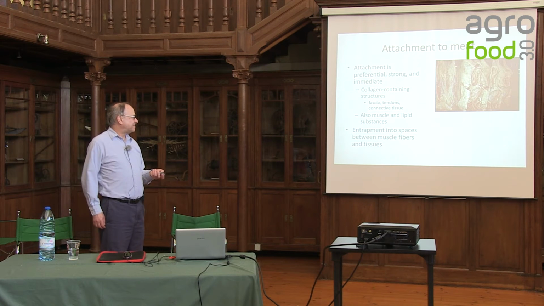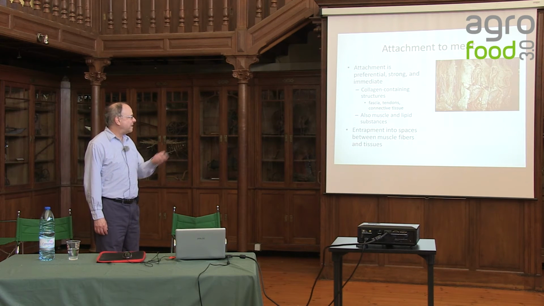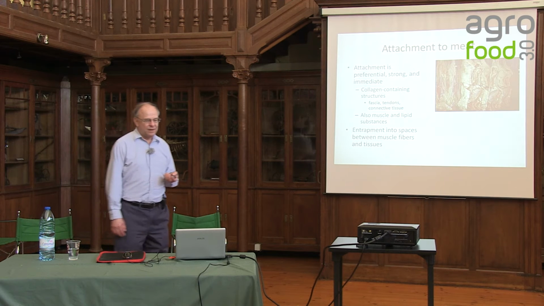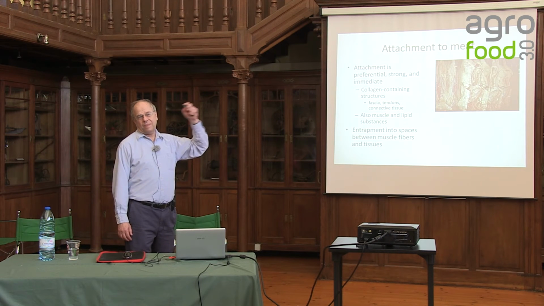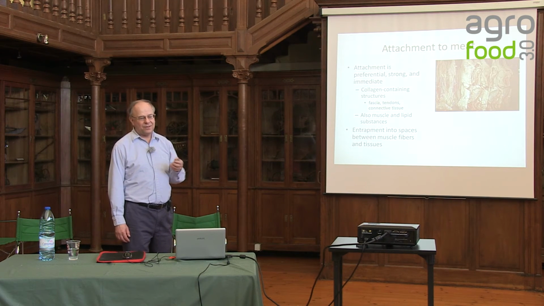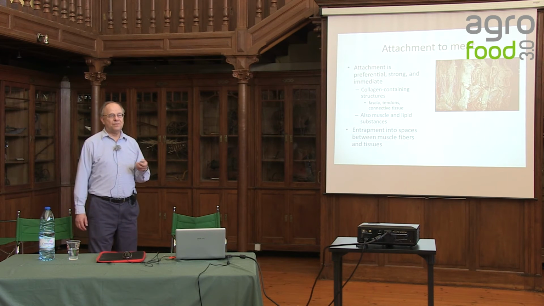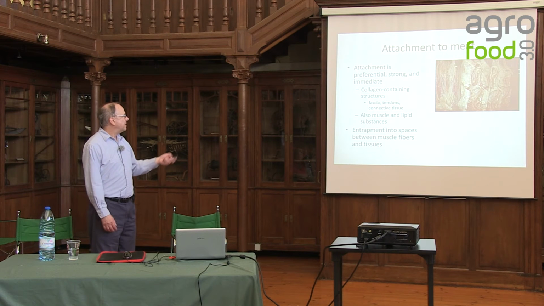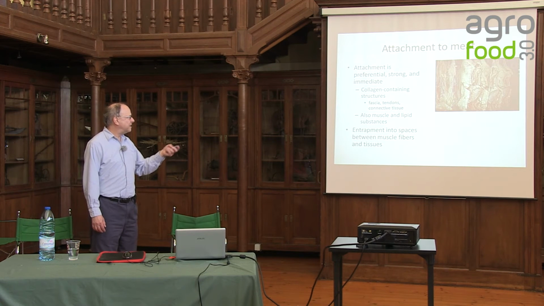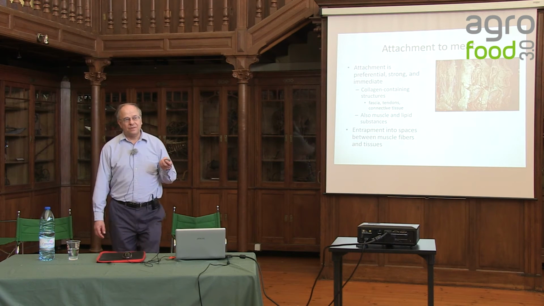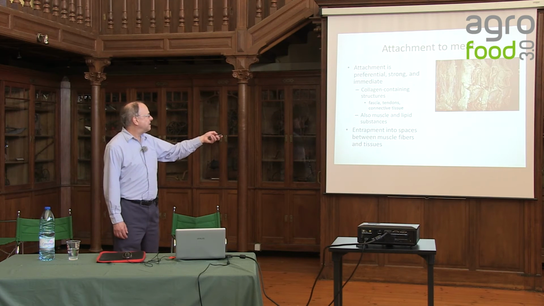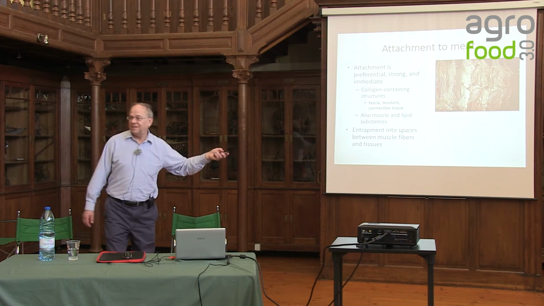But the attachment to a beef carcass is a little bit different. If you put Salmonella or any bacteria on a beef carcass, you get immediate strong attachment, especially to these collagen-containing structures. And a carcass like this is full of collagen-containing structures.